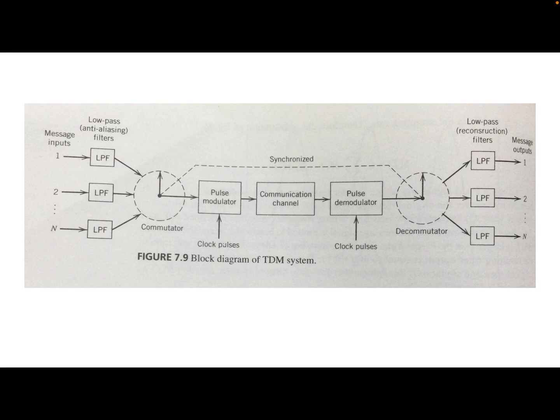An important feature of the sampling process is a conservation of time. That is, the transmission of the message samples engages the communication channel for only a fraction of the sampling interval on a periodic basis.